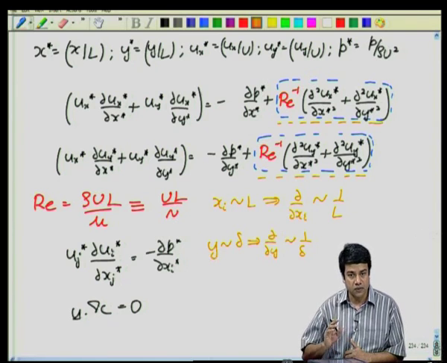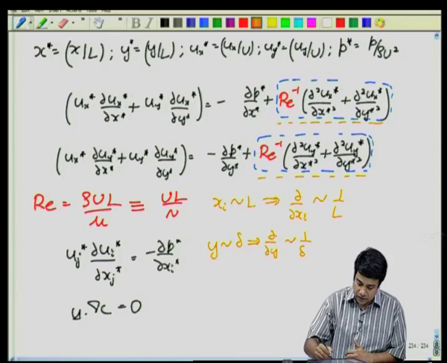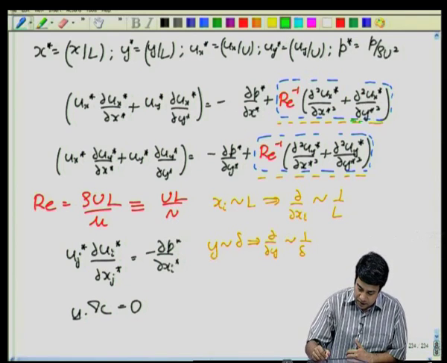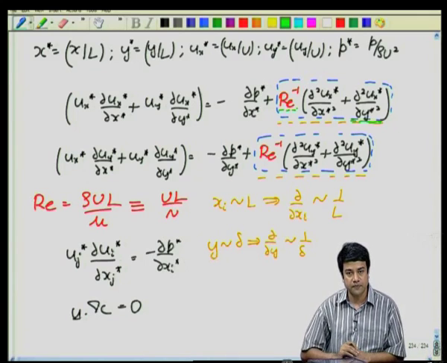So, I could have a situation where delta is much smaller than L, so that 1 over delta square is much larger than 1 over L square. I have a second derivative here on this term that multiplies this Re inverse.